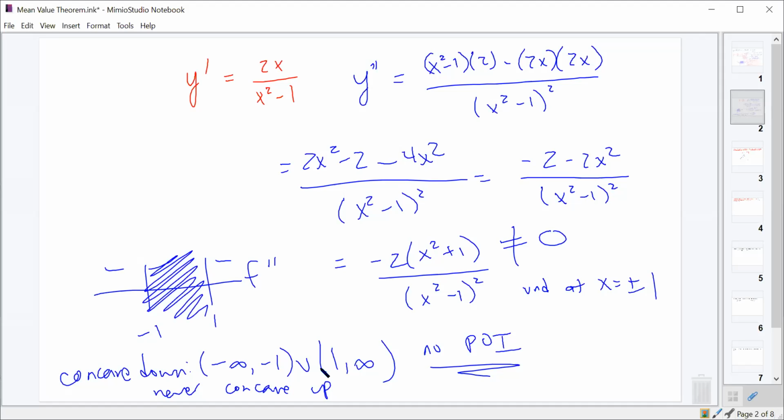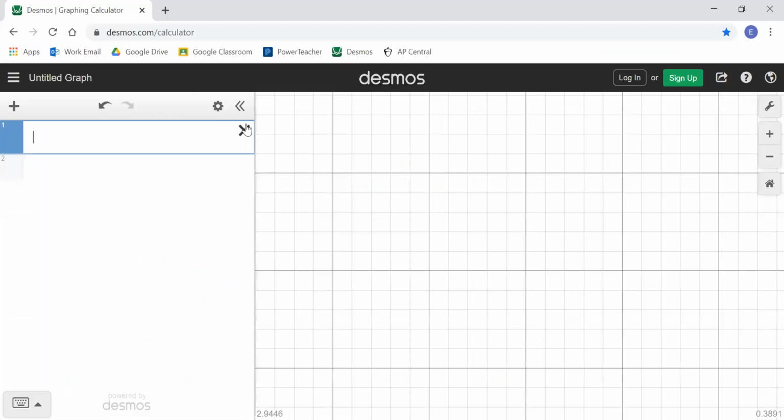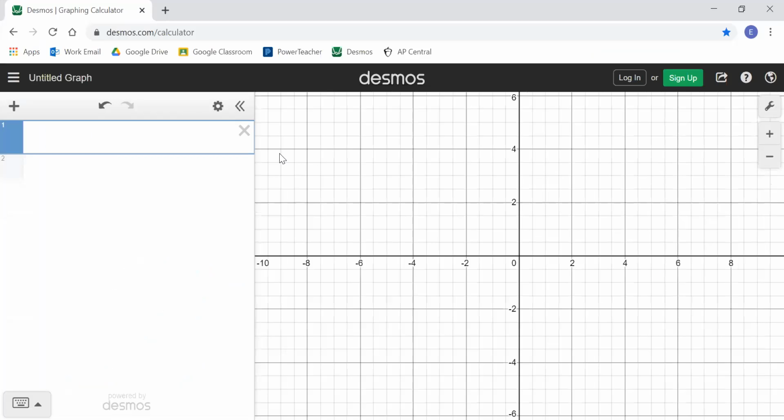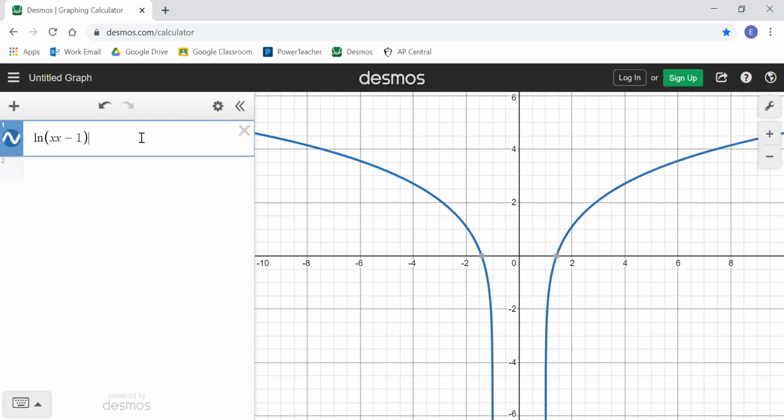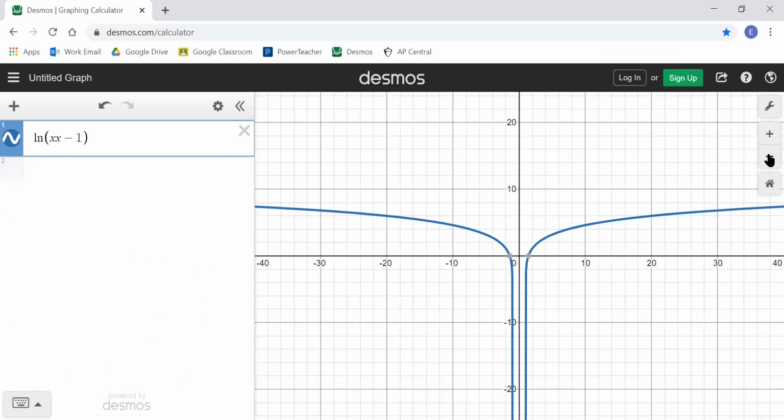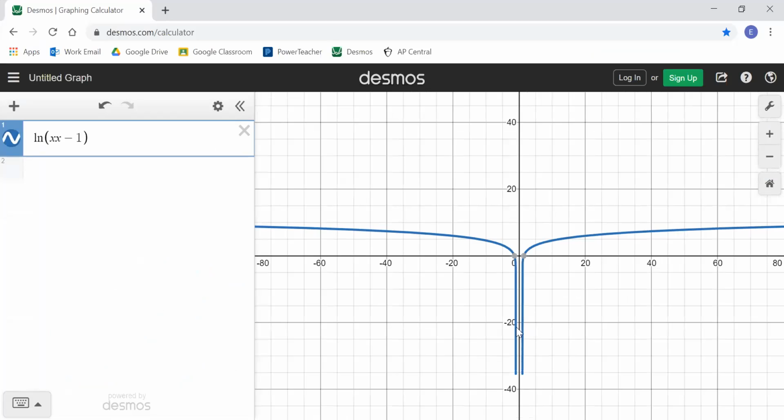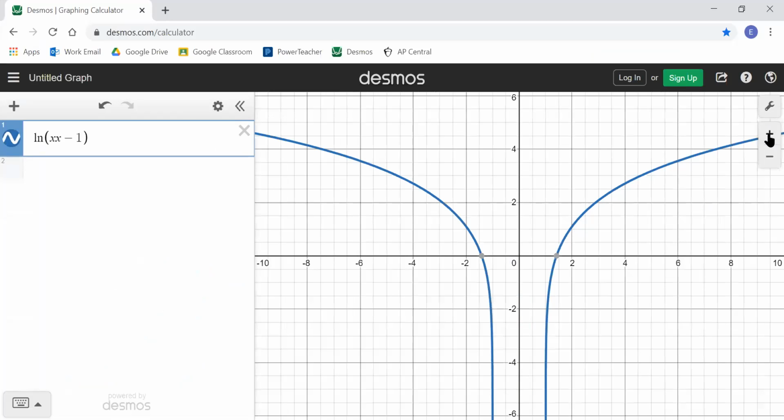Good. Thank you. Yeah, no problem. And so just real quickly, I think I have Desmos open already. So let's take a look at what this function looks like and make sure that what we did is correct. Even if I zoom out on this, it sure looks like there's never any points in between negative 1 and 1. True.